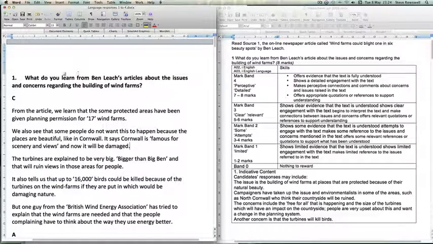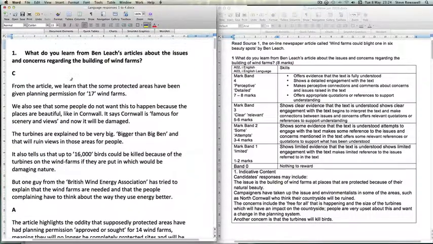The first question focuses on your ability to analyse arguments or issues and facts surrounding an article. In this article, which was from the Telegraph Online, it focused on wind farms in areas of natural beauty. The C candidate immediately gets into identifying facts about the article and puts in evidence: 17 wind farms, beautiful places like Cornwall, and what the turbines are like.